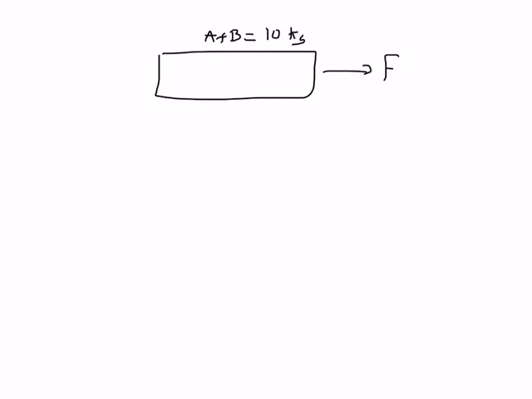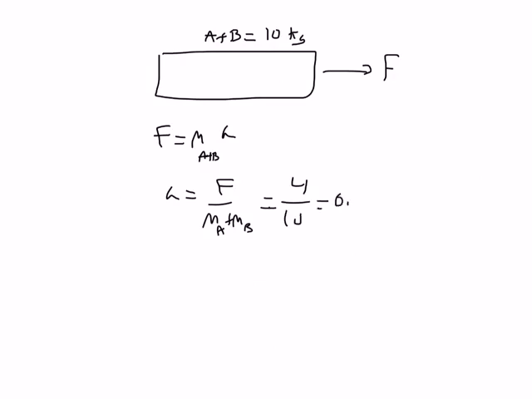So we can write one Newton's law for this, which is that F equals m_A plus B times a. That's very easy to solve immediately for what a is. So that's 4 over 10, or 0.4 meters per second squared.